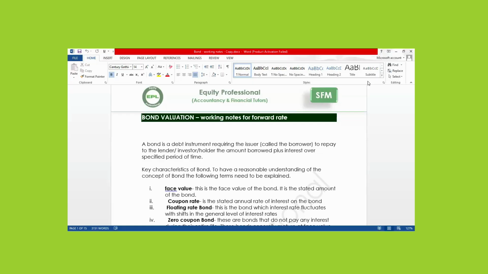A bond is a financial instrument that a company uses to borrow money.